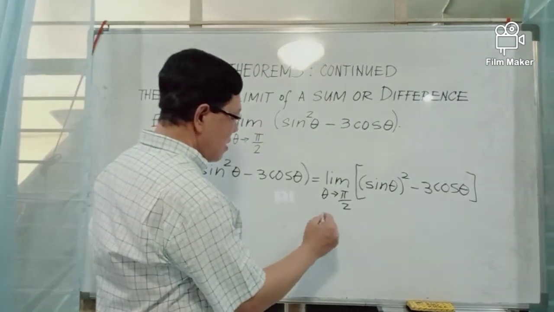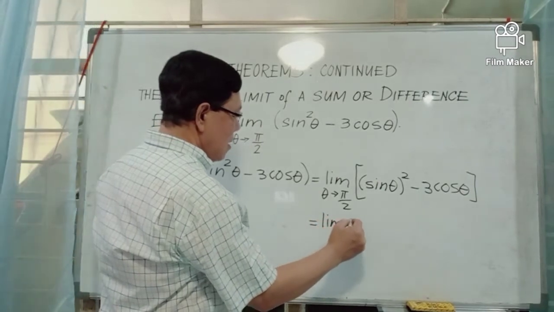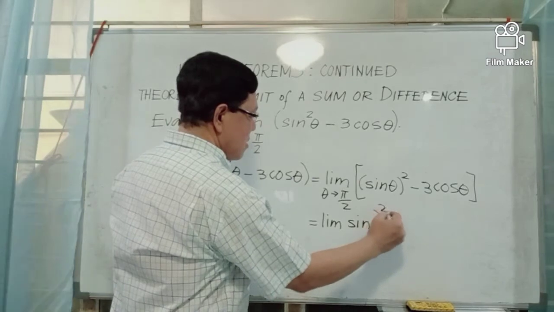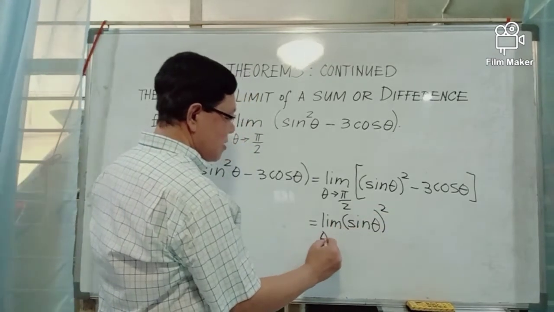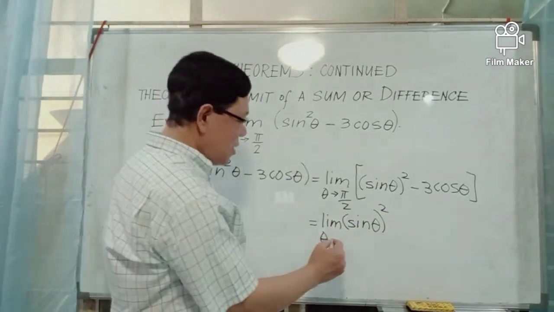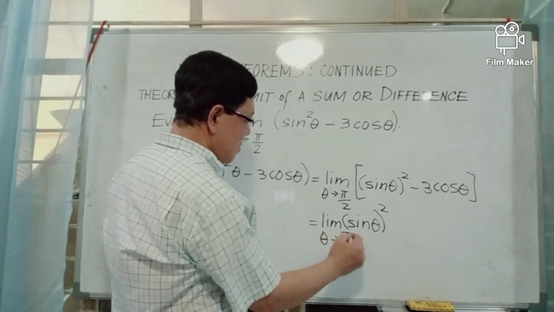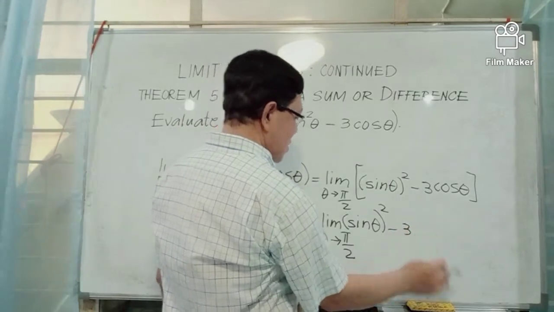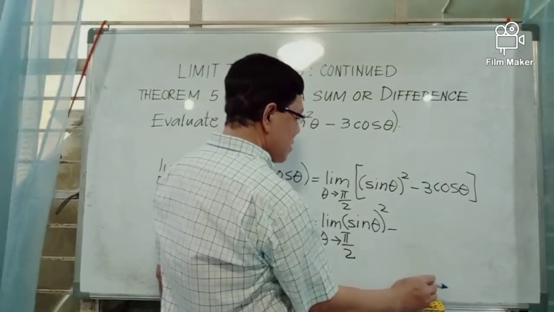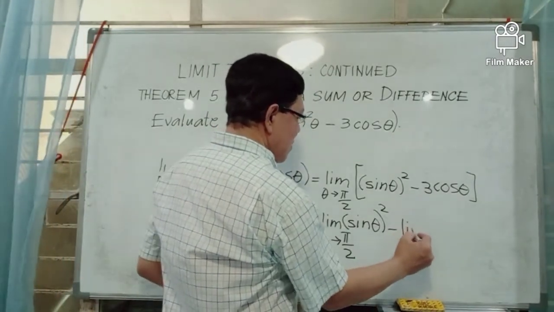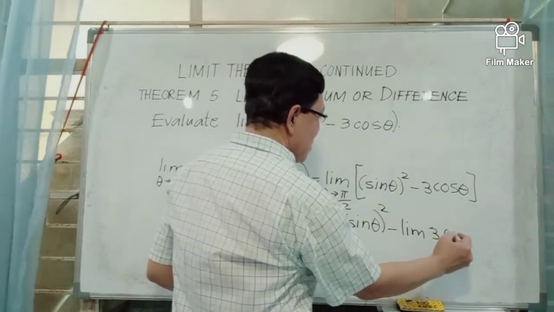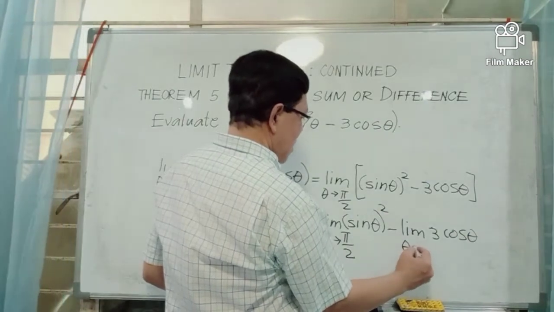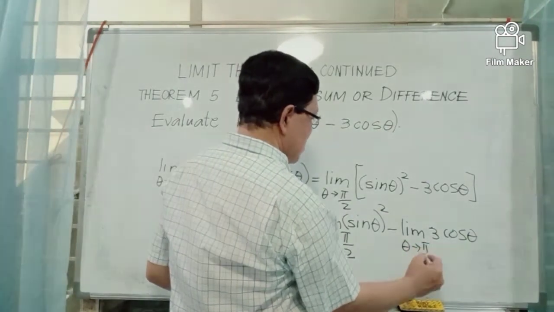And we write that as the limit of sine theta squared as theta approaches pi over 2 minus the limit of 3 cosine theta as theta approaches pi over 2.